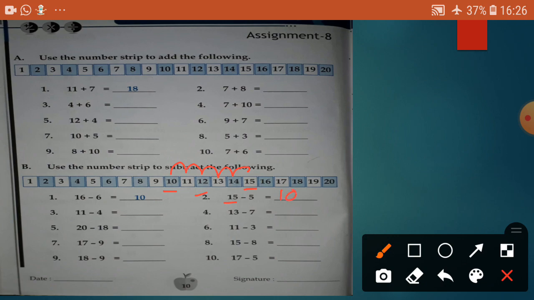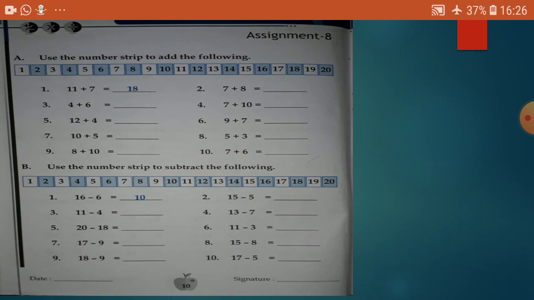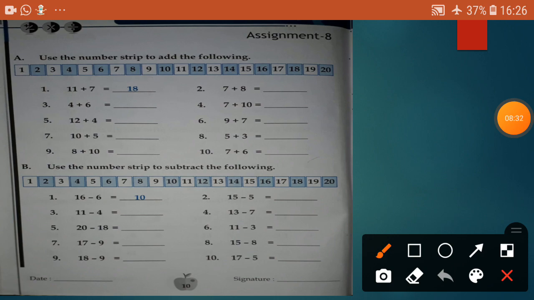Okay, I hope everyone understood. Next, question 3: 11 minus 4. Where is 11? Yes, 11 minus 4. So you go back 1, 2, 3, 4. So your answer is 7.